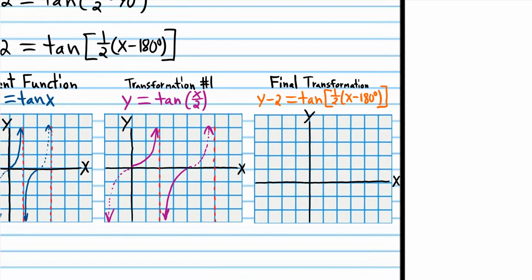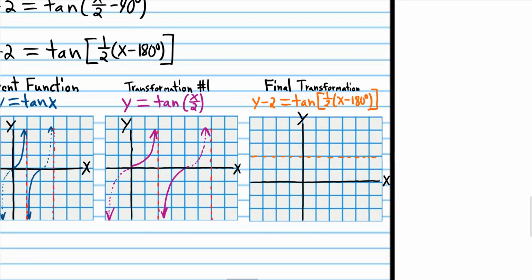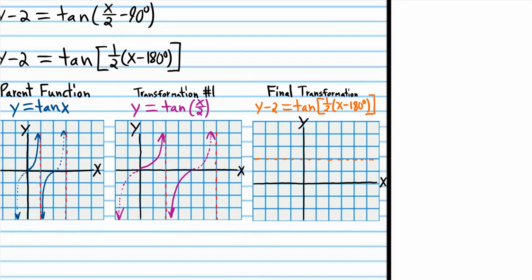So the midline is now going to be up here because we subtracted 2 from y. So remember, it's the exact opposite of what you'd think. If you subtract 2 from y, you move the graph up. And the asymptotes are going to move over 180 degrees. So this asymptote is at 180. It's going to go to 360.